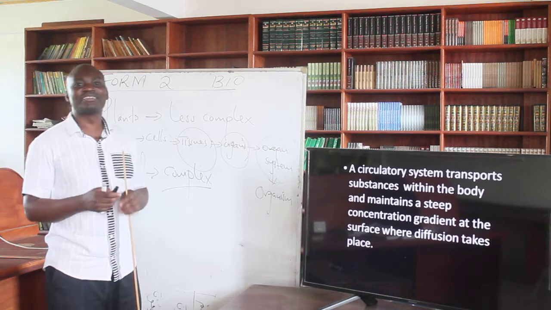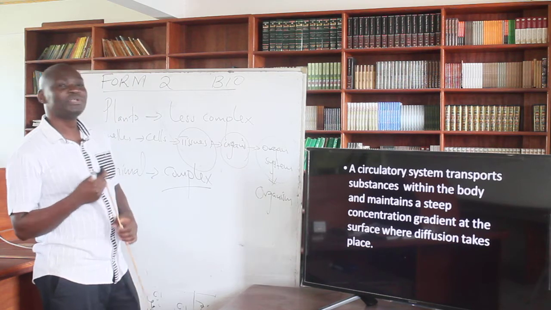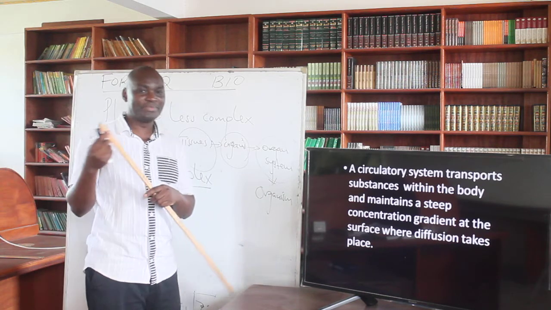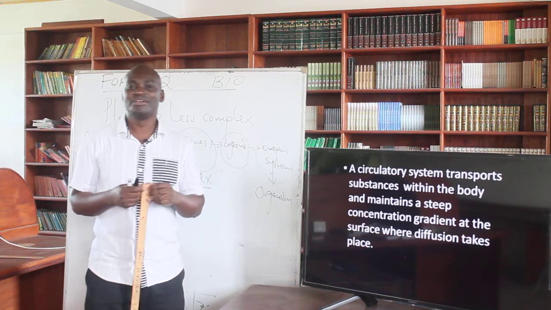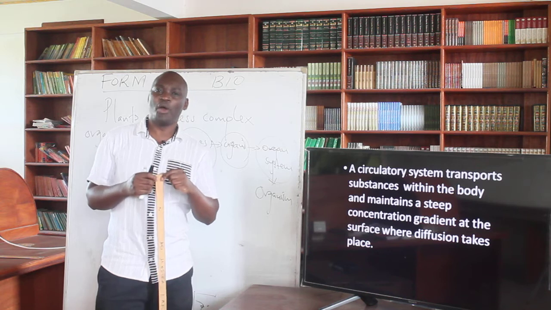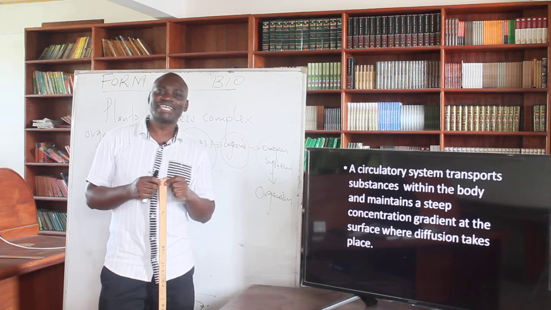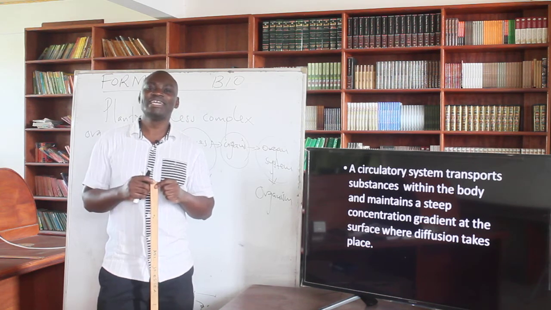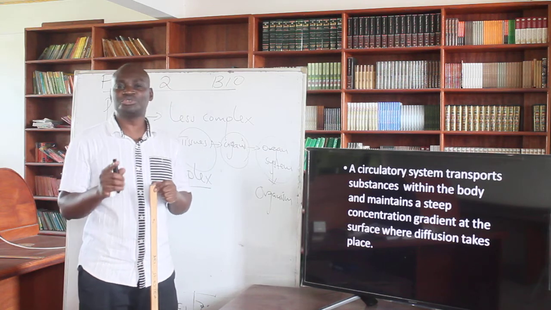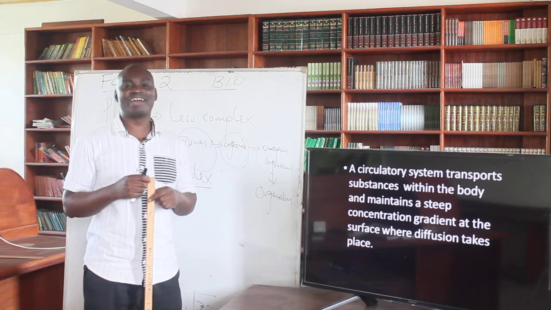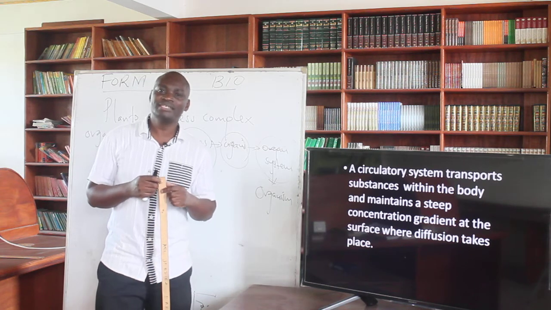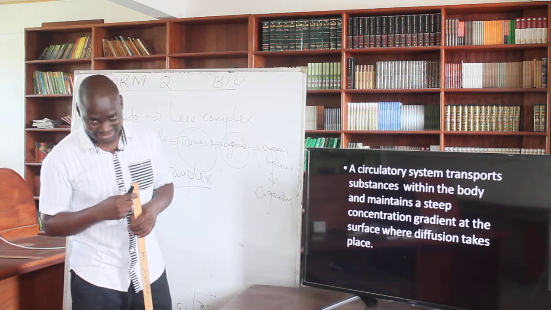So what is this circulatory system? When we talk of a circulatory system, we are talking about a transport system, a system that transports substances within the body and also ensures that there is a steep concentration gradient at the surfaces where diffusion takes place.